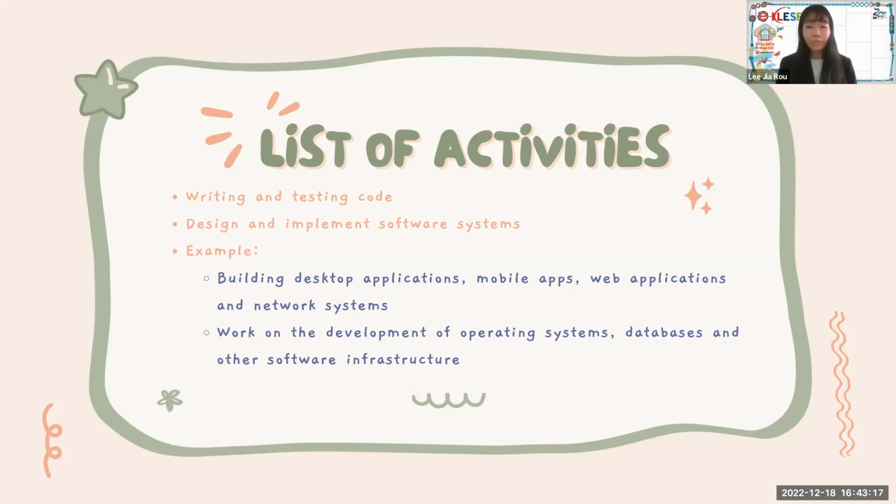And other than that, you will also work on the development of operating systems, such as Windows, Mac OS, or Linux, and also databases, and also the software infrastructure. And that's about the activities that you will be doing as a software engineer or software engineering student.